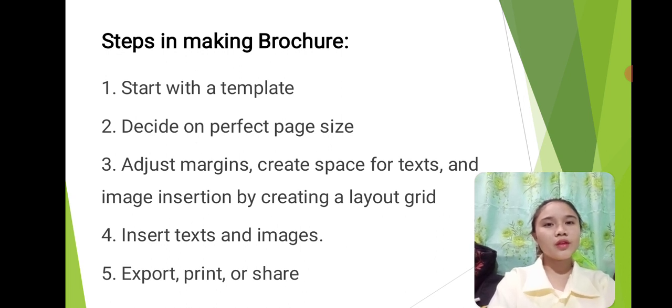It is important to lay out our images and text so that the information follows a sequence. Number four is insert text and images. Number five, export, print, or share. It is about marketing our services or organization.